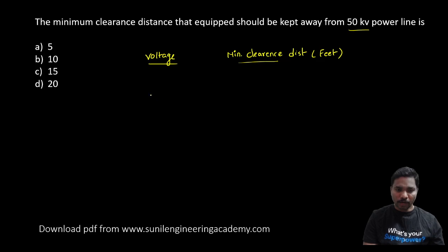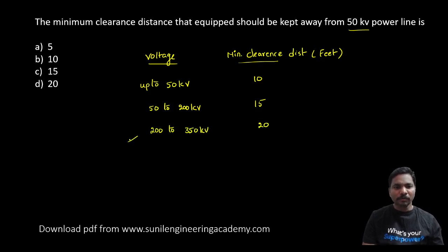Up to 50 kilovolts, the minimum required is 10. If it is 50 to 200 kilovolts, then 15 is required. 200 up to 350 kilovolts, this is 20.